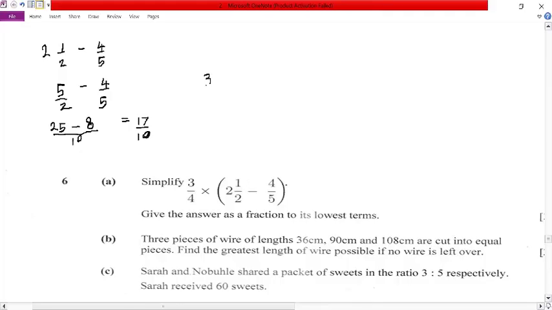We now have 3/4 times 17/10. Then we just multiply 3 times 17, and we get 51. 4 times 10, we get 40.